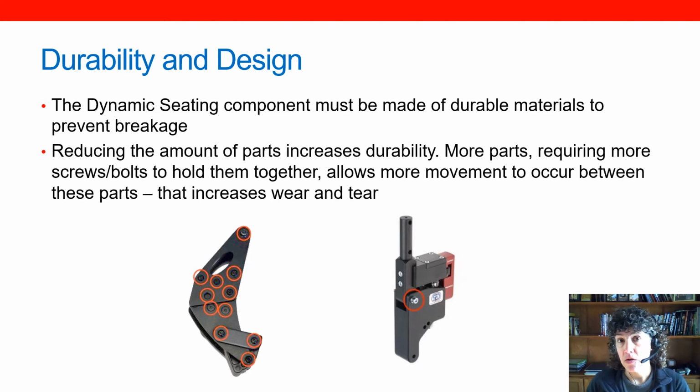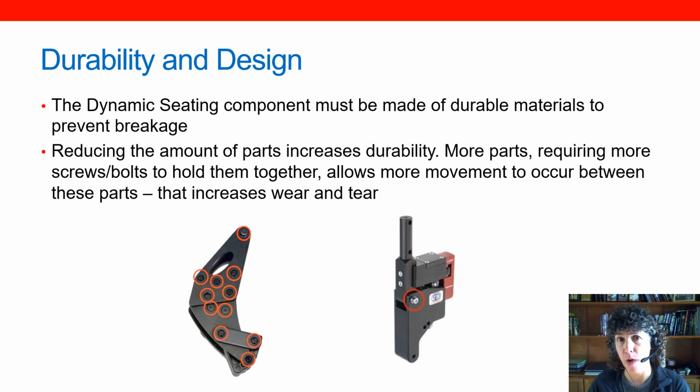One of the things that also helps increase durability is the number of parts. The more moving parts we have within the dynamic component, the more likely wear and tear or breakage will occur. So for example, the dynamic back hardware on the left here has numerous holes and numerous bolts or screws that go through those. Each of those can become a point of wear, where there's a change in the material around that bolt or screw within the hole.